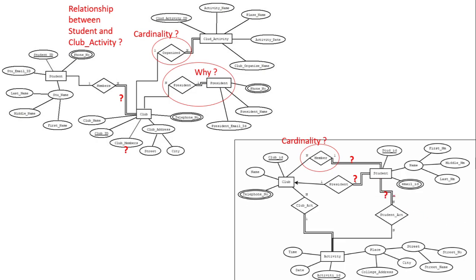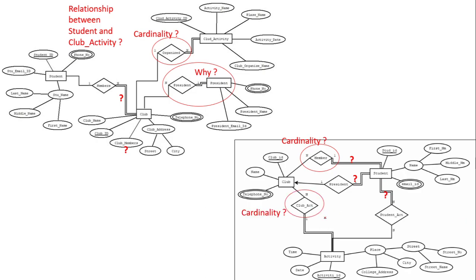Next, once again regarding this total participation. What this total participation says is every student must participate in at least one activity because it is total. But it may happen that a few of the students are not participating in any activities, right? So once again, this should not be total.